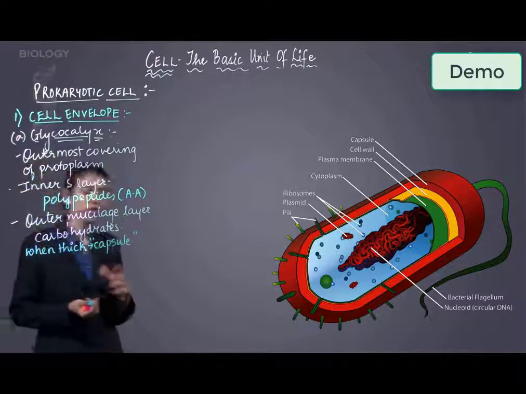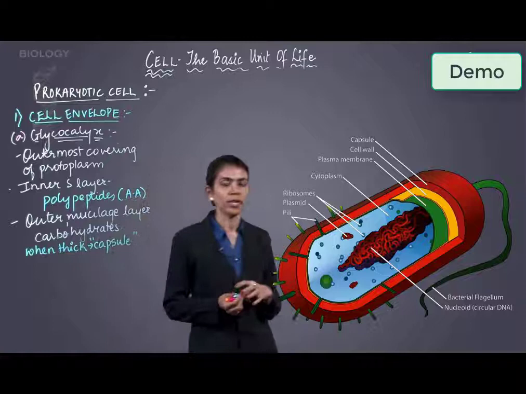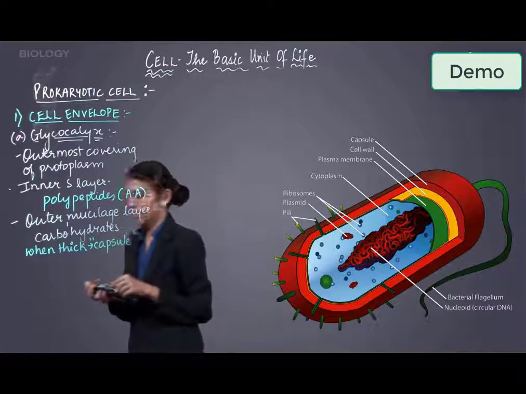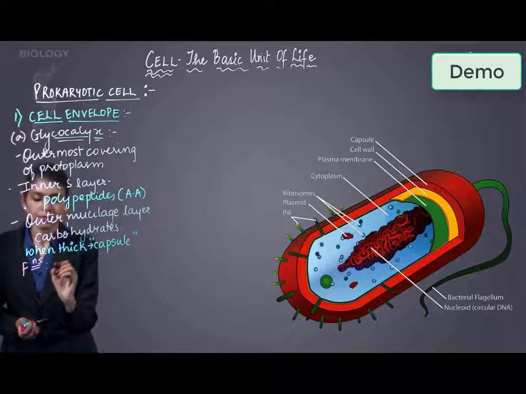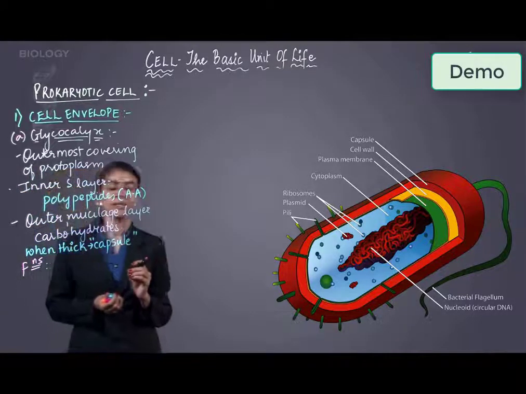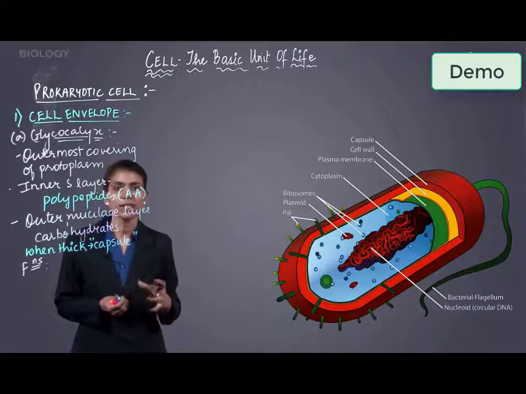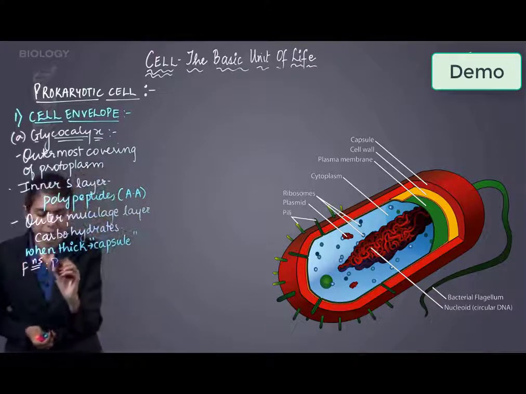Now what are the functions of this outermost layer, the glycocalyx? The first function of glycocalyx is that it prevents drying of the cell, that means it prevents desiccation.